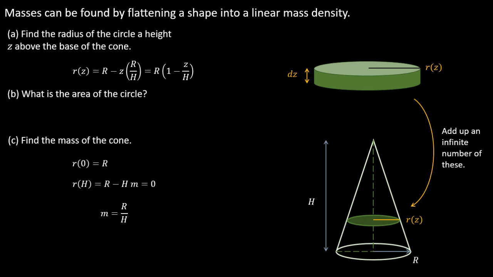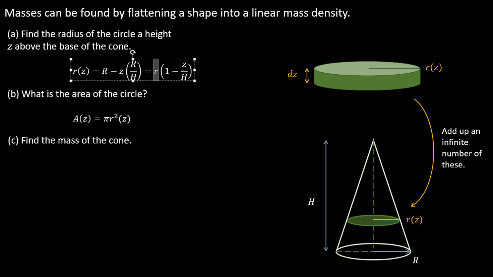So the area of the circle, what happens with the area of the circle? The area of the circle, we just square the little r squared, right? And when we do that, we end up with our big R, pi R squared here, times this factor, right, the 1 minus z over h squared, right?